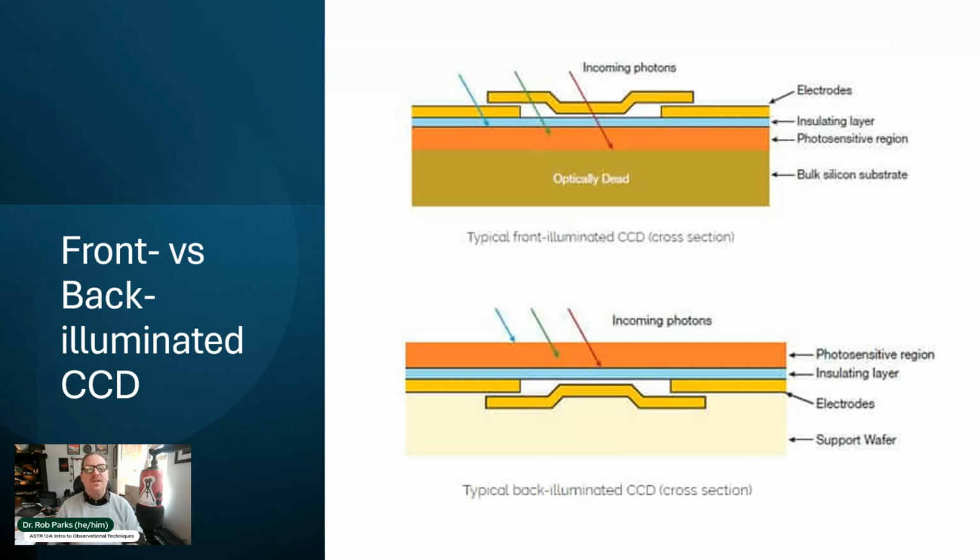But effectively, what is going on here is that an incident photon will hit the photosensitive region, silicon dioxide, and some of those electrons will be ionized.